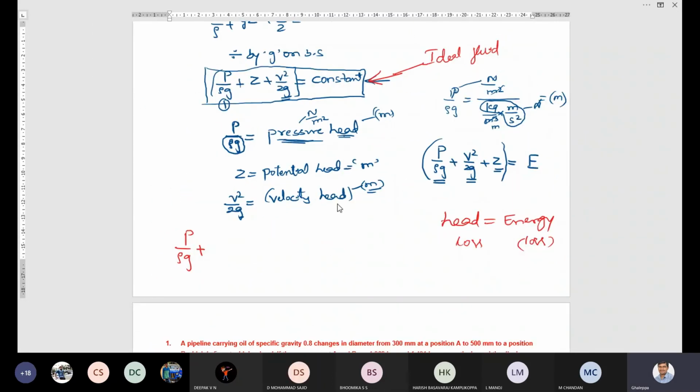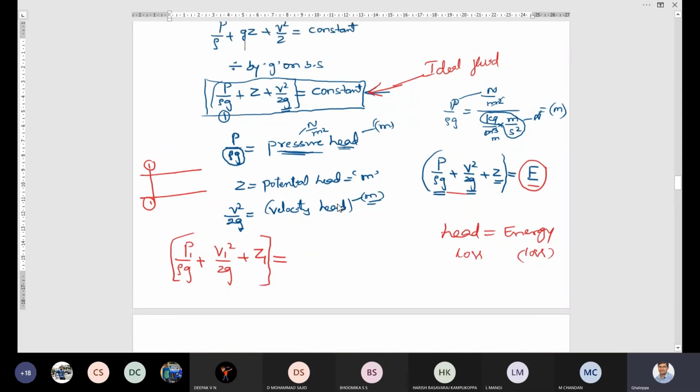So at the inlet: P1 by rho g plus V1 square by 2g plus Z1 is equal to... Why are we using the notation 1? This is the pipe where I am applying Bernoulli's equation at inlet, or section 1. I told you it is the sum of all three energies that we take as total energy. So this is the total energy of the fluid at section 1.